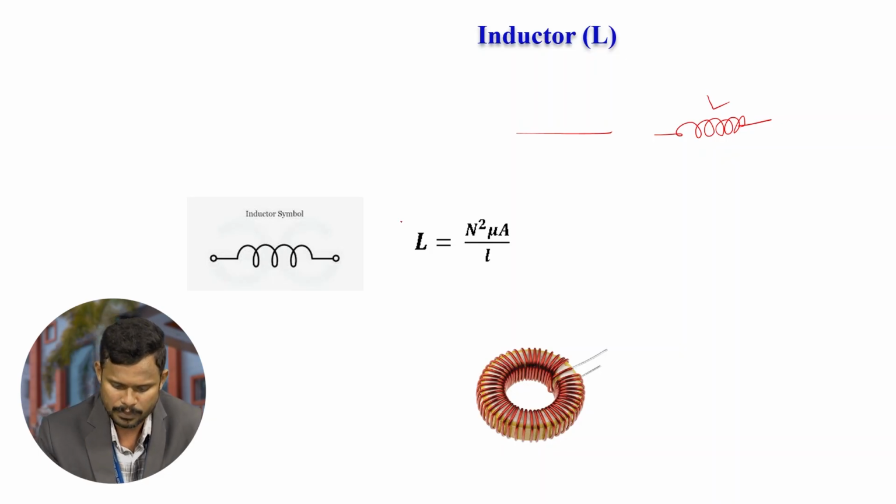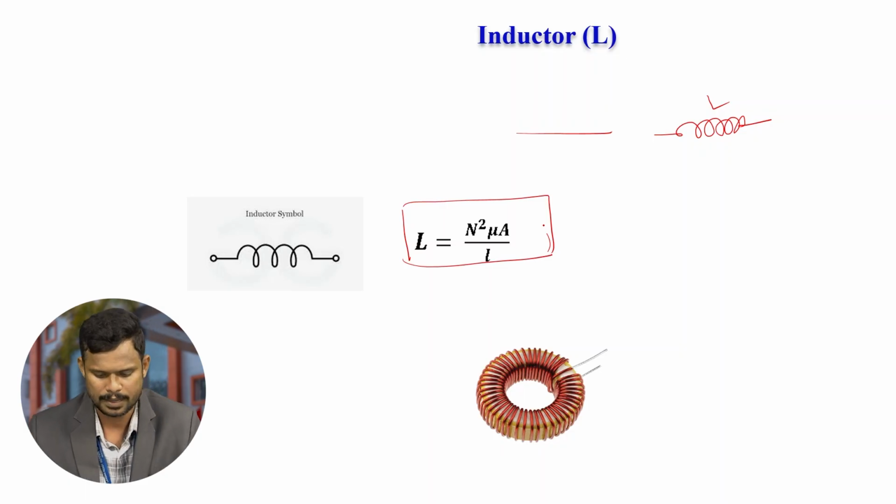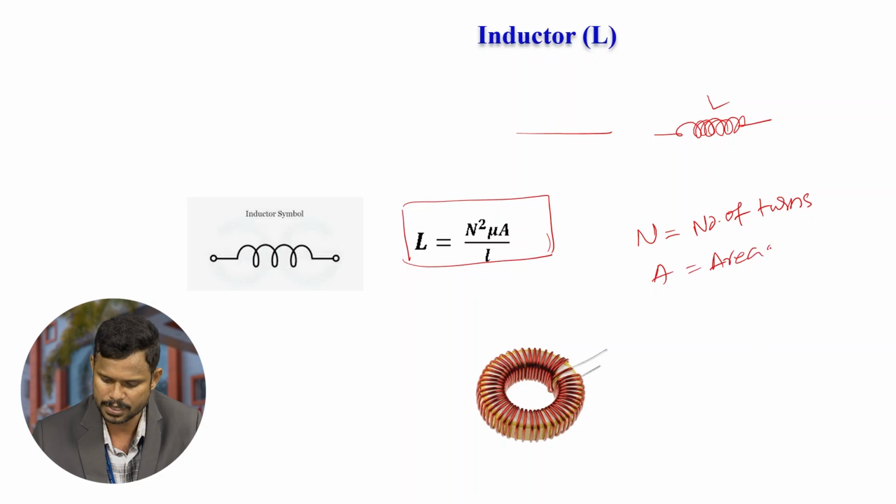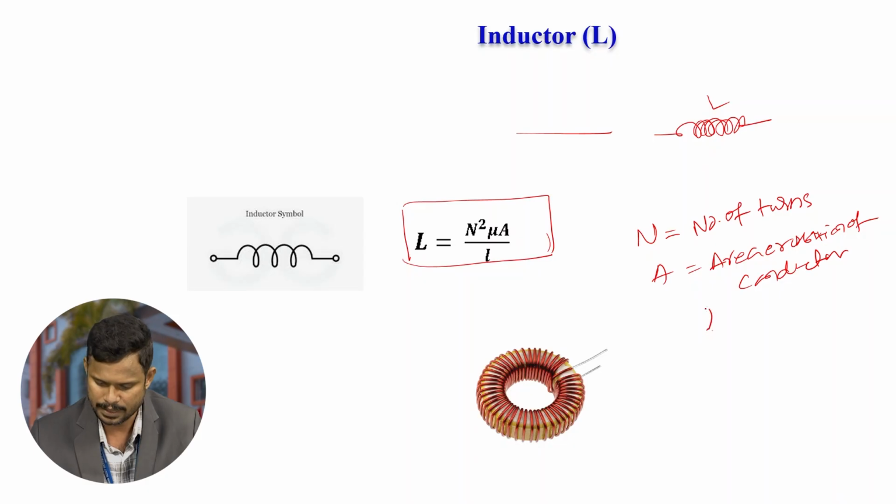The basic formula for an inductor is L equals N squared mu A by l, where N is the number of turns, A is the area of cross-section of the conductor, and l is the length of the conductor.